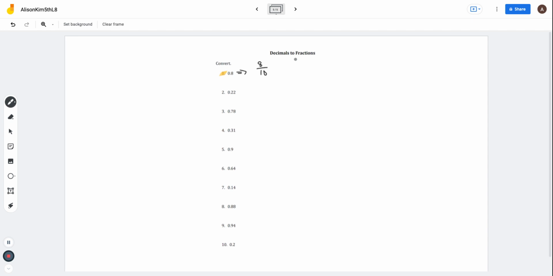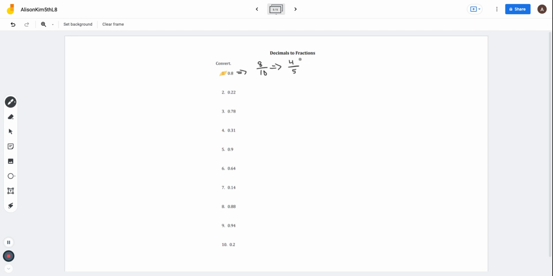But if you want to go one more step, because most teachers want you to do this, you would simplify it fully. We know that the greatest common factor between 8 and 10 is 2. So 8 divided by 2 is 4, and 10 divided by 2 is 5, right?